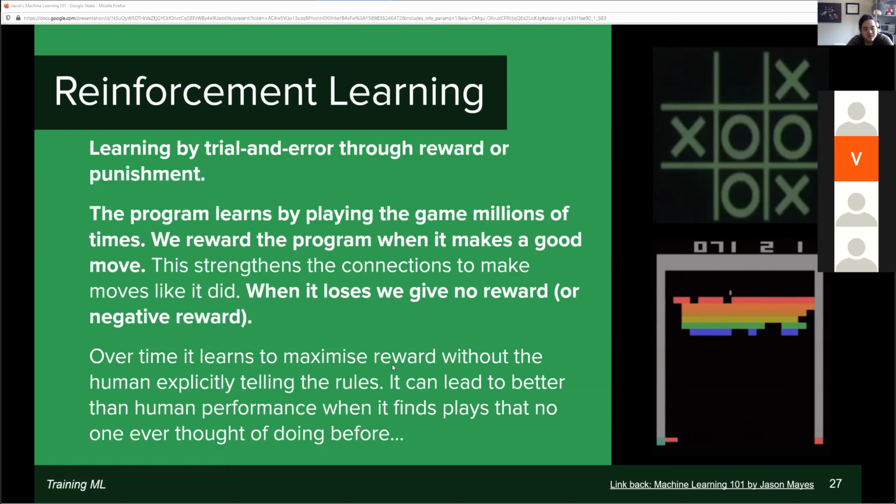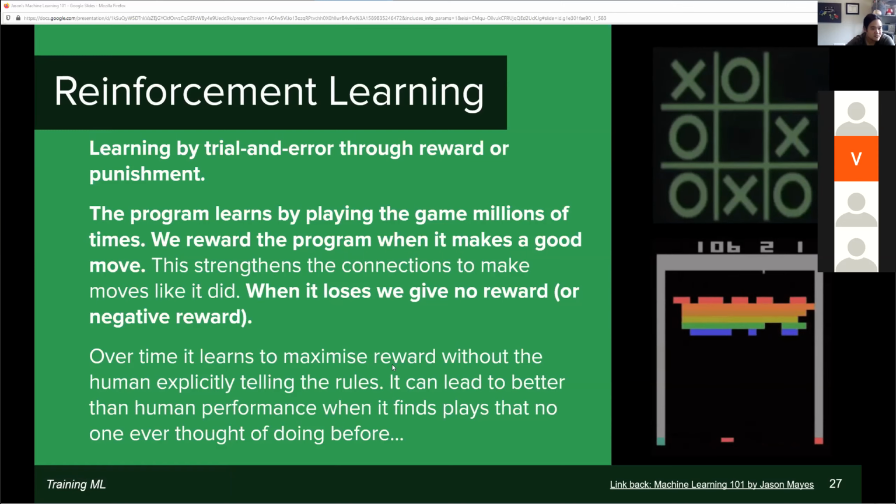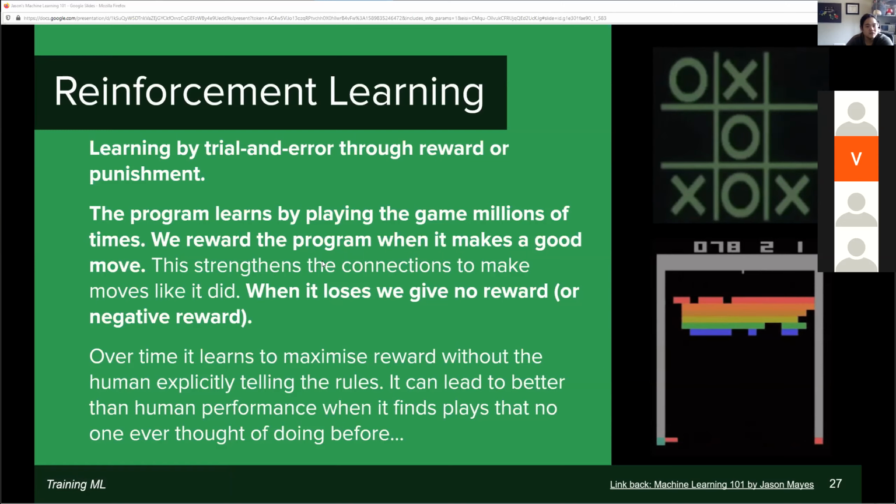But if you have bad thoughts and keep replaying them in your brain, it reinforces the bad neural pathway, right? So that's what reinforcement learning is. You get a reward. The only way to win is not to play. What is that?